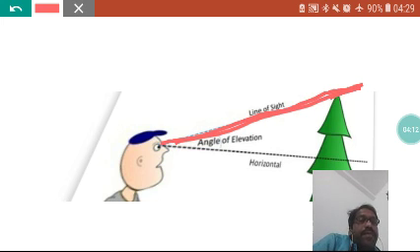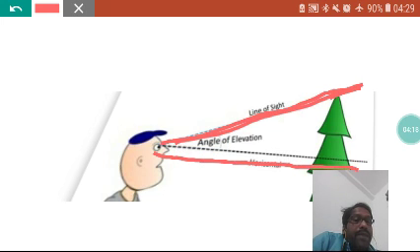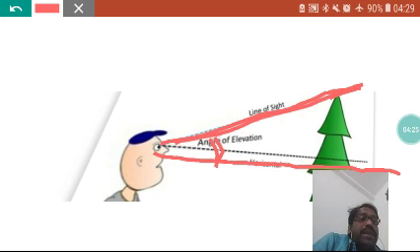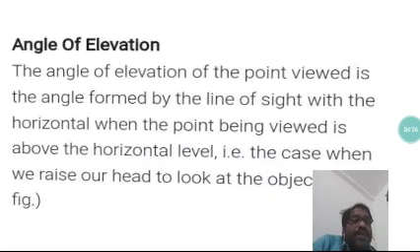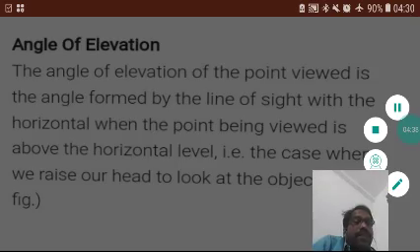And this is the ground, then this angle is called the angle of elevation. I am seeing the top here, so it will make an angle of elevation. So actually what is the angle of elevation?